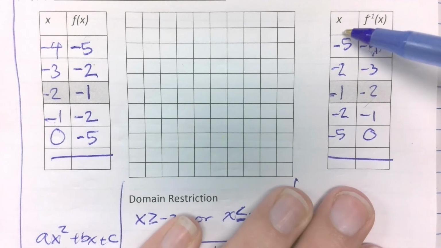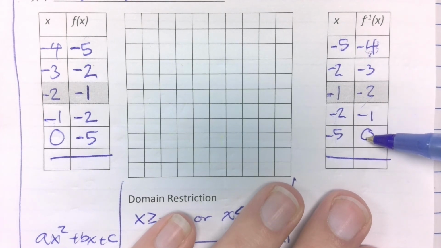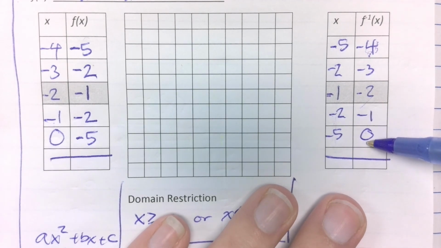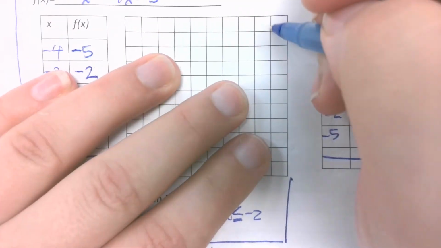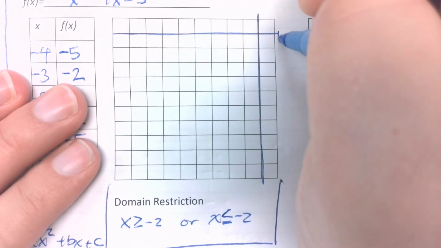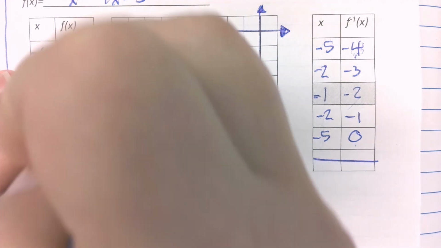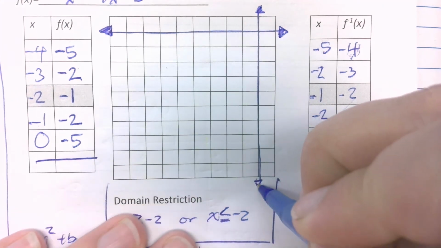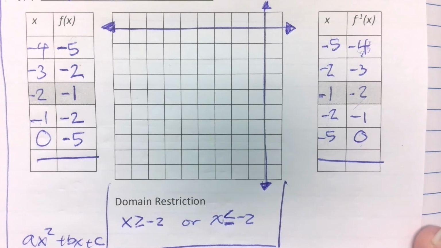Can you guys see that I have all negatives for my x's and mostly negatives for my y's? Almost everything's negatives. Since basically everything's negative, now I want to point something out.